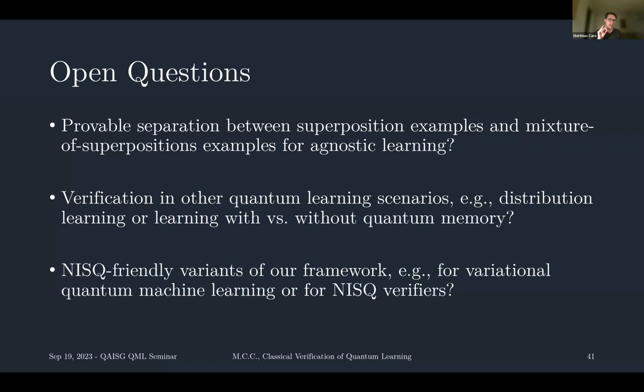Or you can actually ask a different question. Maybe at some point we're gonna have fault-tolerant quantum machine learning, but not everybody has it. Maybe more people have NISQ quantum machine learning architectures. And then you can ask, are NISQ devices powerful enough to verify fault-tolerant quantum machine learning? I believe this is another direction where we don't say anything in our work, but I think it would be interesting for follow-up work.